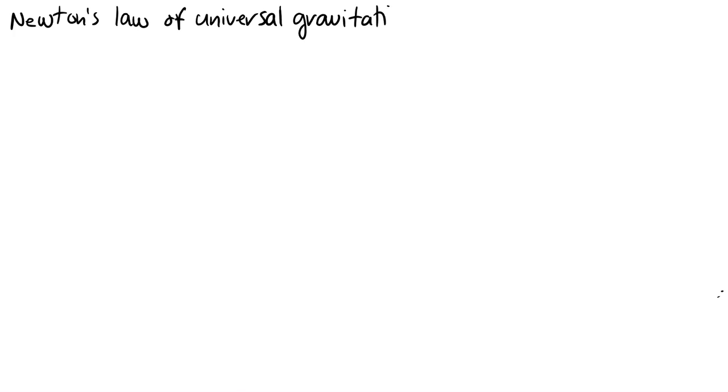To give an example of how to find the force from a potential energy function in, say, spherical coordinates, we will use Newton's law of universal gravitation as an example. Newton's law of universal gravitation tells us that the potential energy between two particles of mass m1 and m2, such that m1 is at the origin and mass m2 is at some distance ρ, is given by the negative product of the masses multiplied by a constant. The potential decreases as the inverse of the distance between the particles.